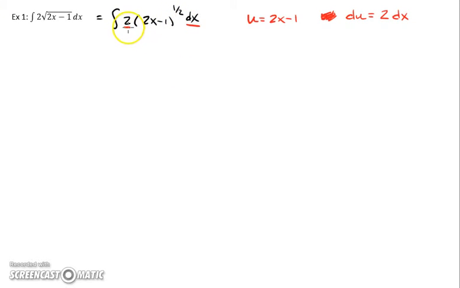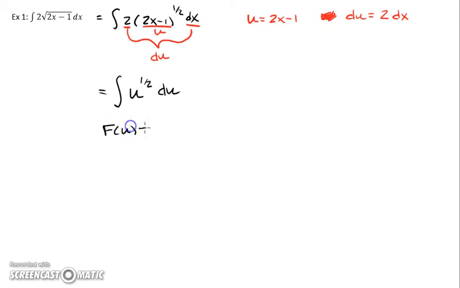That 2 dx is going to be replaced by du, and 2x minus 1 is going to be replaced with u. We're rewriting this problem to look like something we know how to take the antiderivative of. So we replace the 2 dx with du, and the 2x minus 1 to the 1/2 with u, giving u to the 1/2 du. Well, that's really easy to think about, right?